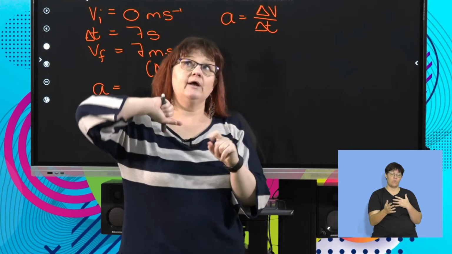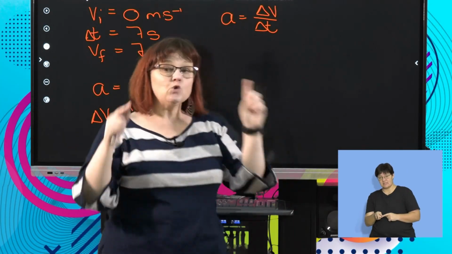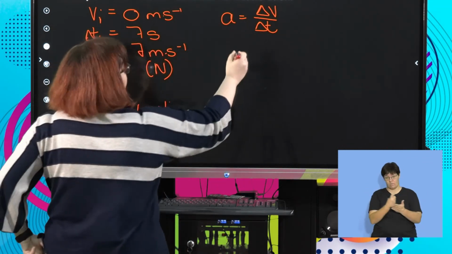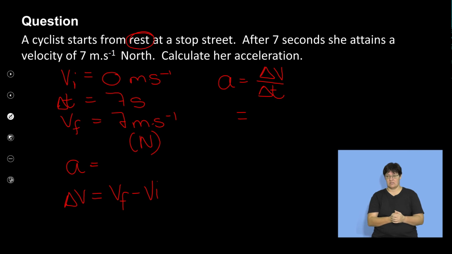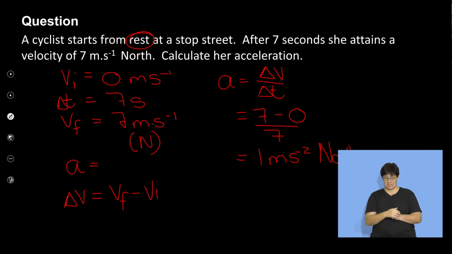So we take what happened last minus what happened at the beginning. It's always final minus initial. So, final, 7 minus 0 divided by 7, okay? That means 7 divided by 7. 1 meter per second squared north, because that was the direction of her velocity and she was getting faster.